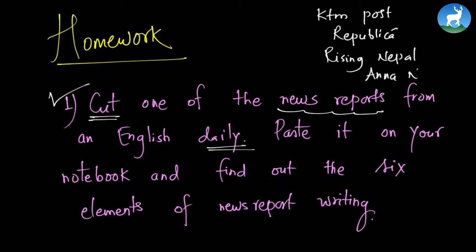So from any of these English dailies, cut one news report, any news report, which one does not matter, and paste it in your notebook and find out the 6 elements of news report writing. Good? That's your homework. With this, we have come to the end of today's class.